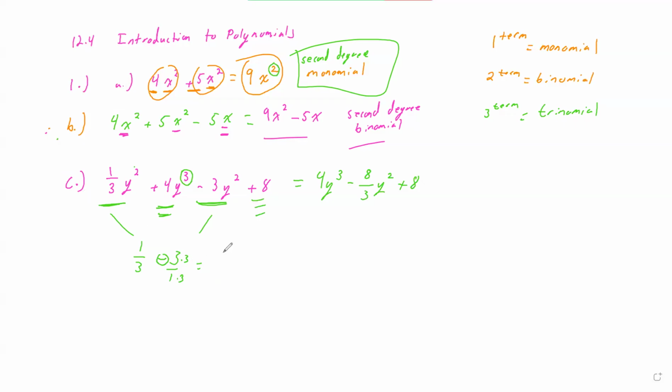So this becomes 1/3 minus 9 thirds. In reality, what you're doing is 1 minus 9 over 3, because you do the operation on top and the denominator stays the same.